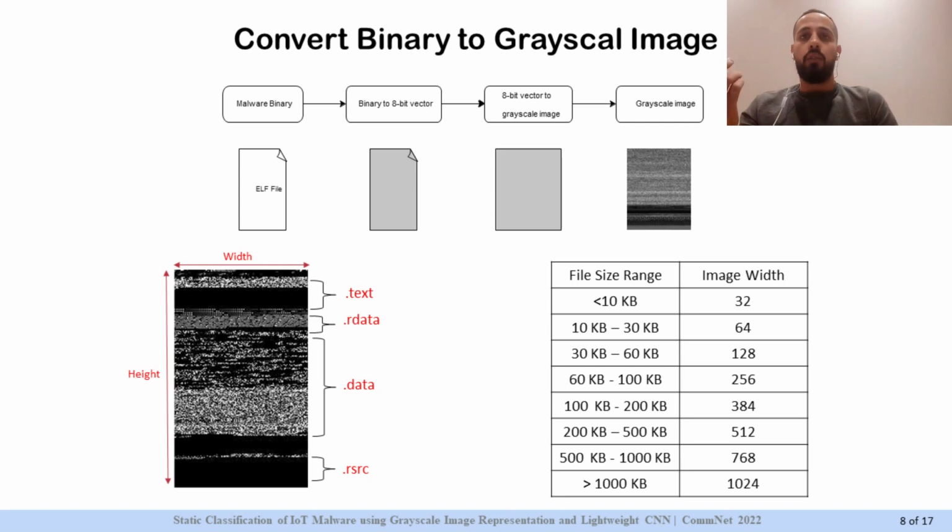The criterion for choosing the width depends on the file size, as we can see here in the table on the right. Images give more information about the structure of the malware. We can see that various subsections have different textures. The width of the image relies on the size of the file, while the height also varies depending on the file size.